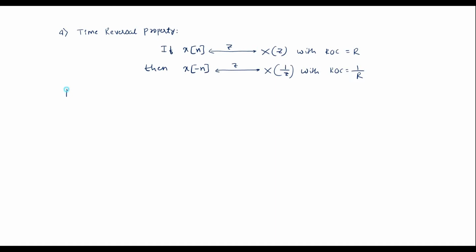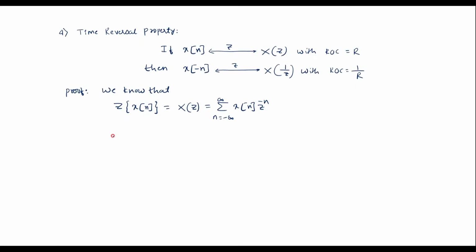Let's prove the same. Proof. We know that the Z transform of any discrete signal, say x of n, is given by X of z, which can be represented as summation n varies from minus infinity to infinity x of n z power minus n.